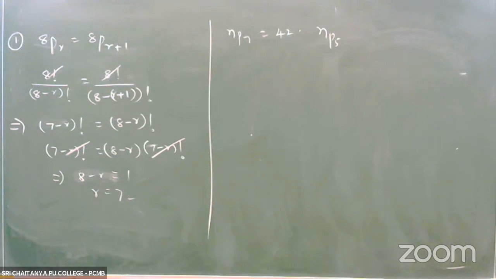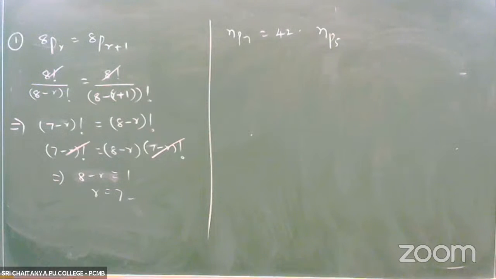8PR is equal to 8PR plus 1. I am going to explain it. 8 factorial by 8 minus R factorial is equal to 8 factorial by 8 minus R plus 1 factorial, right?